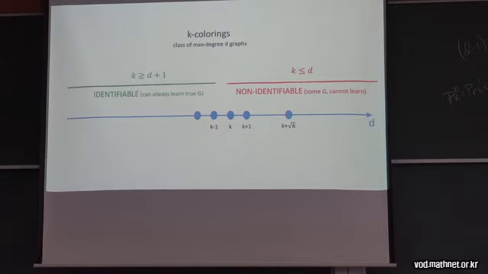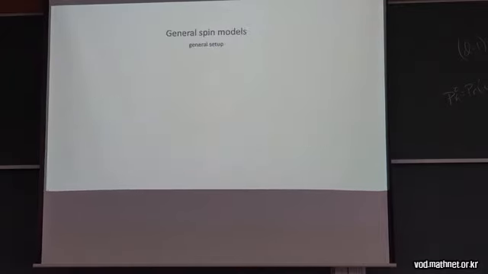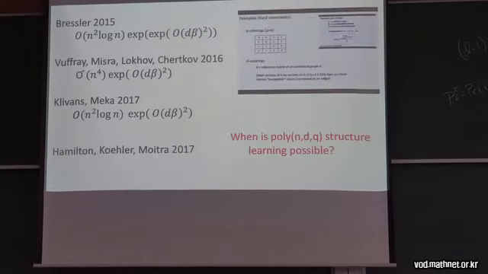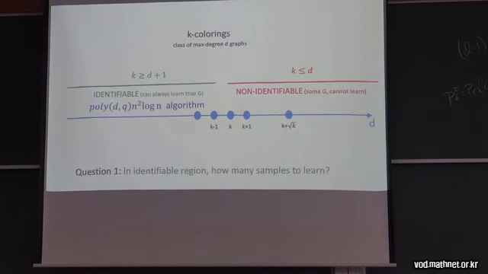Okay, so what can we do for coloring? What we can do for colorings is that we can do it in poly of d, q. Instead of this exponential in d and q, we can get polynomial in d and q, for the number of samples in this whole region, k at least d plus 1.